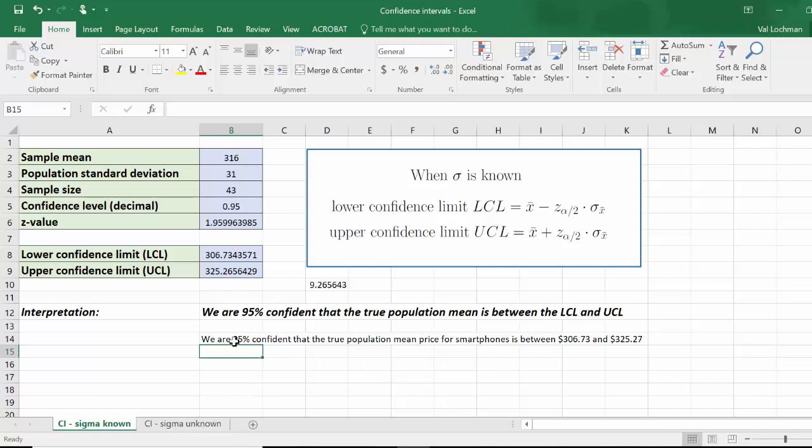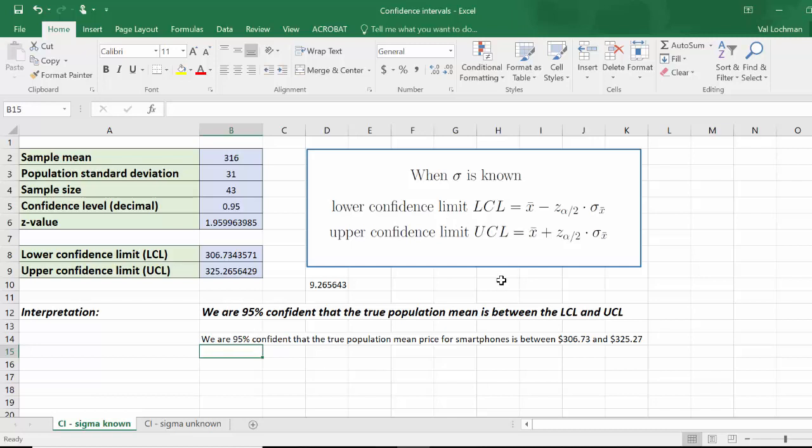Okay, we are 95% confident that the true population mean price for smartphones is somewhere between these two values. Okay, so that's how you would use this setup right here to construct a confidence interval if sigma, the population standard deviation, is given.